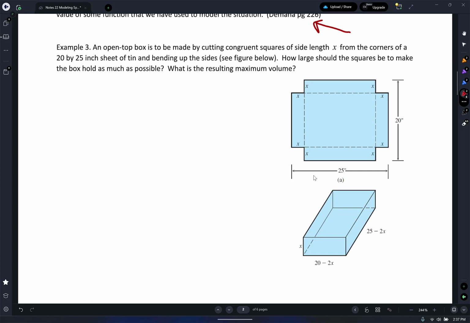Look, guys, if you cut this square on this corner larger, then this box will be higher. Then it'll be slimmer. Do you guys see that? Yeah. So you're the engineer, you're the one that's designing this. I want the maximum volume for a 20 by 25 sheet of tin. And you're designing this. You think you can do it if you're that engineer? Yes, yes you can.